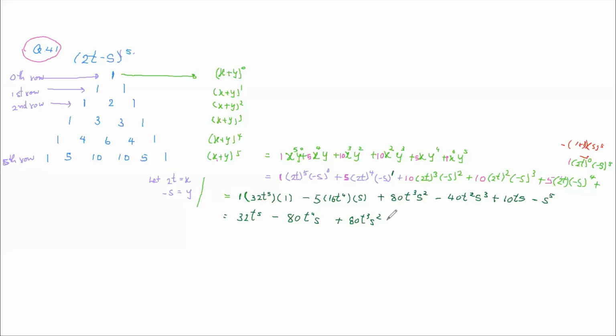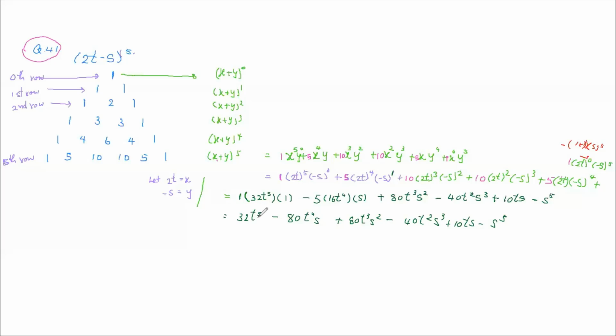And then what we have next, minus 40t power 2 s power 3 plus 10t s minus s power 5. Okay, so I think this is the final answer.